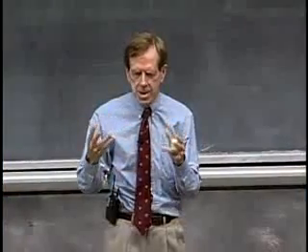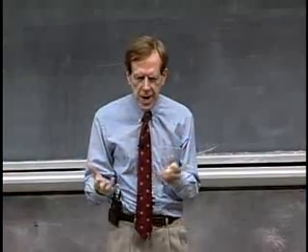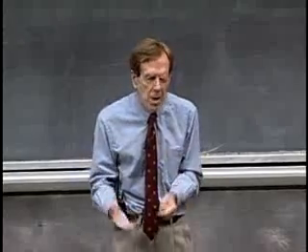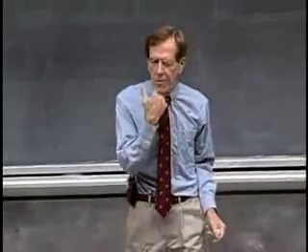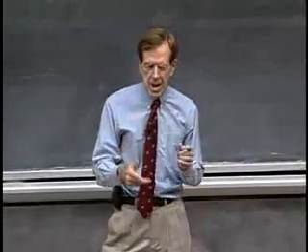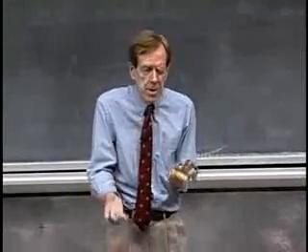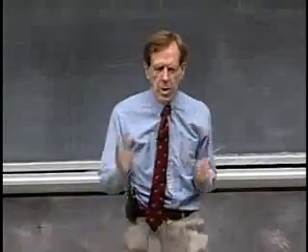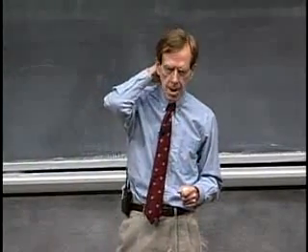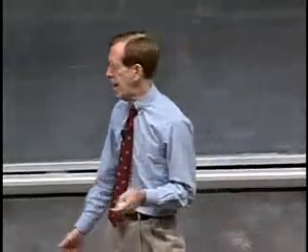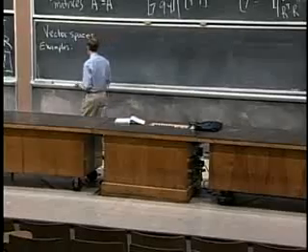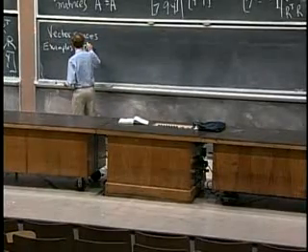A space of vectors has to allow me to do the operations that vectors are for. I have to be able to add vectors and multiply by numbers. I have to be able to take linear combinations. Well, where did we meet linear combinations? We met them back in, say, in R2.